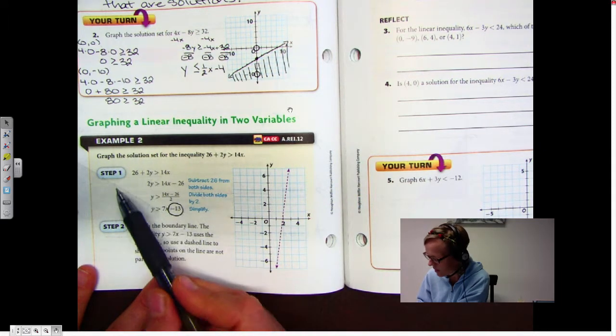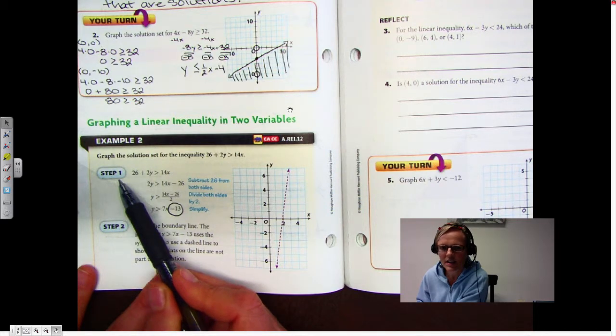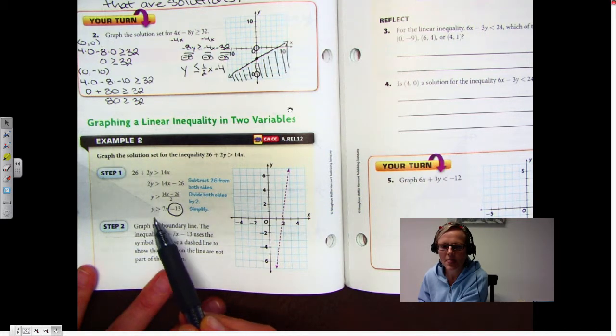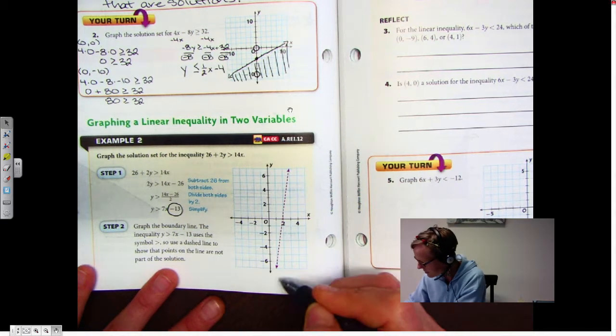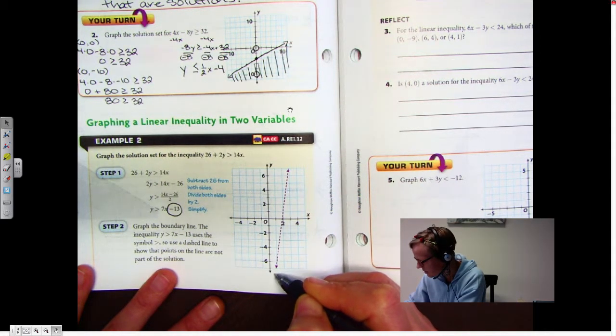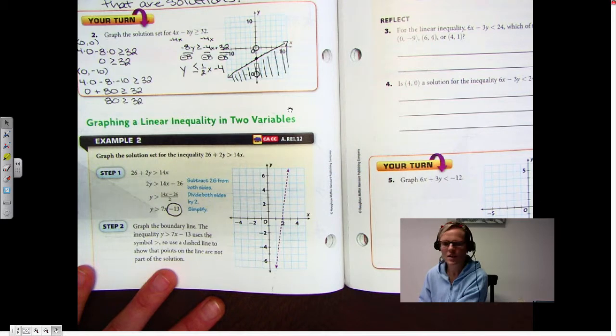They've gone through and done step 1 for us. They've solved for y. This is our boundary line equation. It's an inequality, but we're going to graph it as an equation. So if we graphed this, this line would continue all the way down and it would cross at 0, negative 13.